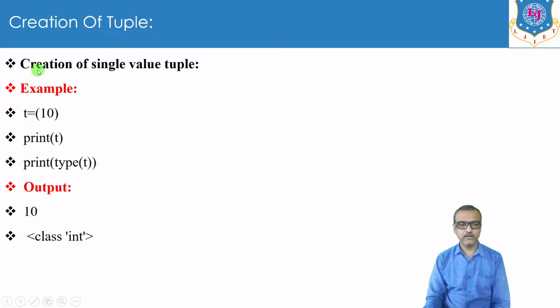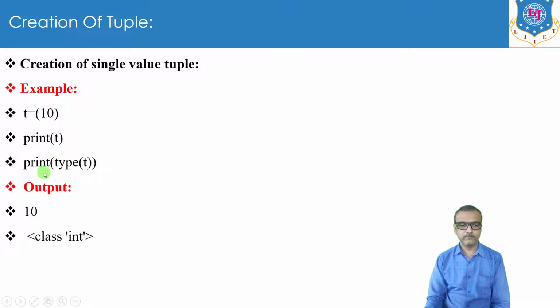See, now we have creation of a single value tuple. For example, t equals to, in open parenthesis we have written a single value, that is 10 only, and we haven't written the comma separator after 10, so it will not be treated as a tuple.